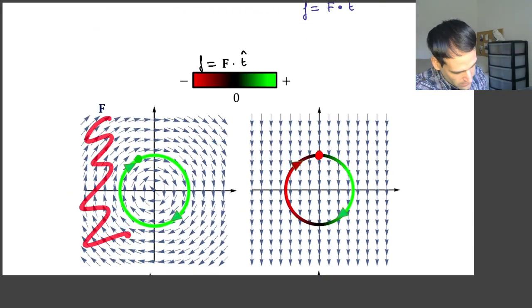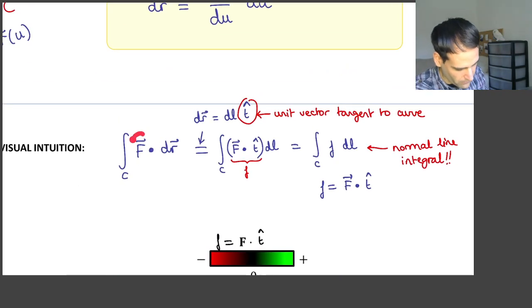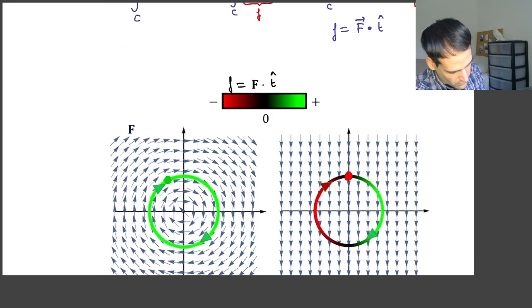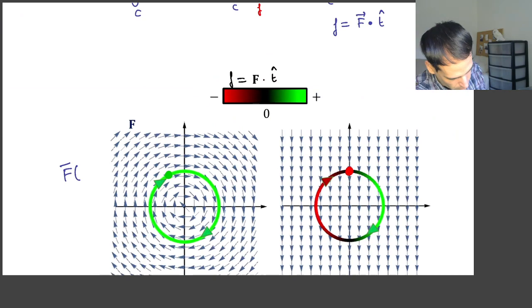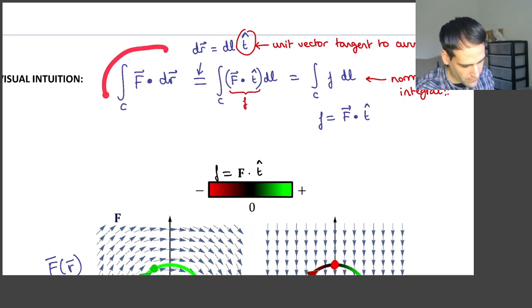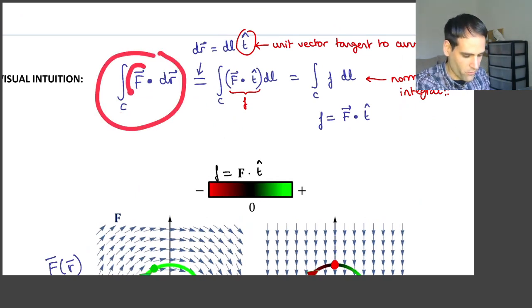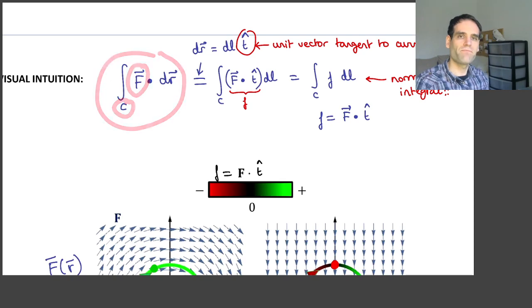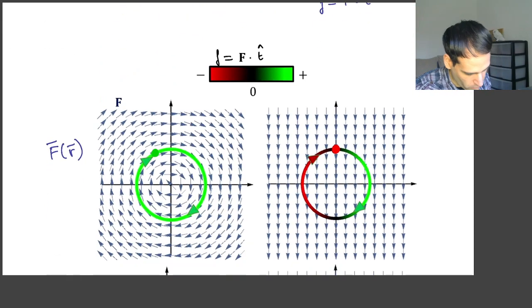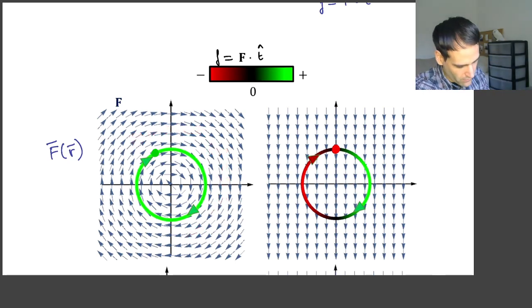The small arrows that are surrounding this, defined everywhere, that's the field F, a field defined at every point in space. And this integral, if you remember, would be the work done by this force going over the path C. So imagine that we have a force that is pushing a mass always in this direction, the azimuthal direction, and we choose this path, which is a circle.